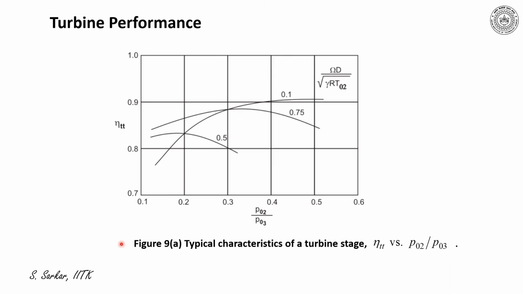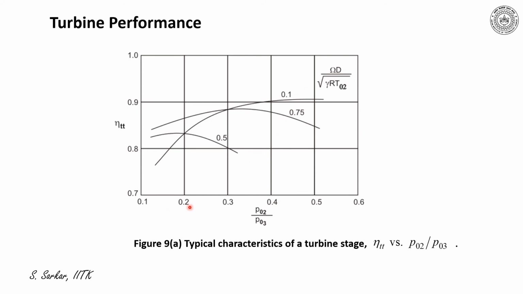Figure 9a illustrates a typical characteristic of a turbine stage, eta Tt versus pressure ratio P02 by P03. Now I have plotted here eta Tt versus P02 by P03, that is pressure ratio, for different operating speeds.